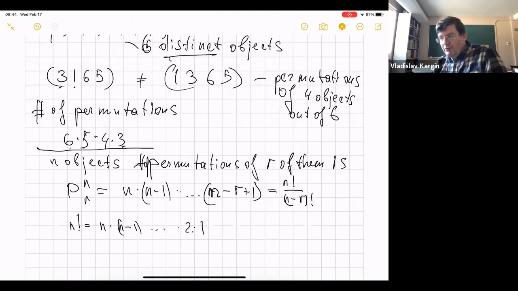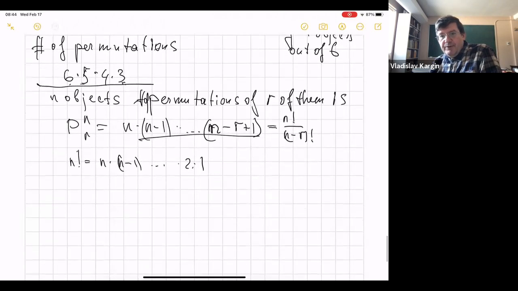So we have n factorial, and we divide by n minus r factorial, removing every term in this product before n minus r, and we get this. All right, so this is the number of permutations.